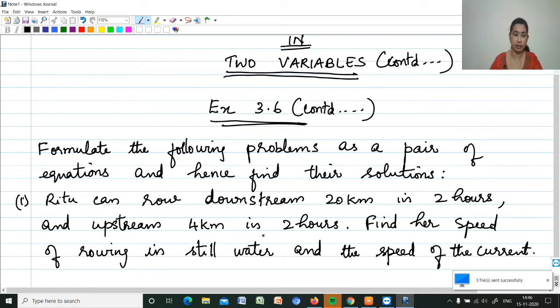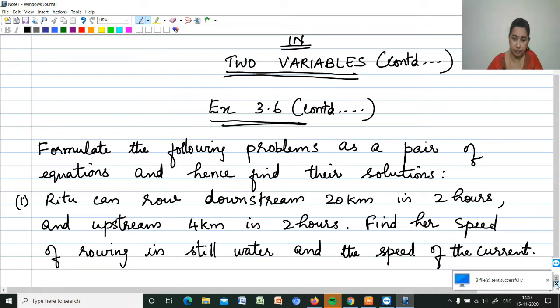Find her speed of rowing in still water and the speed of the current. So the speed of rowing in still water we can take as x km per hour.